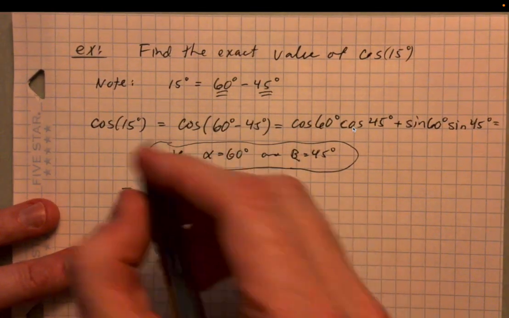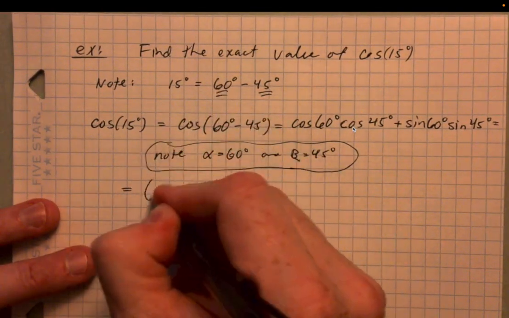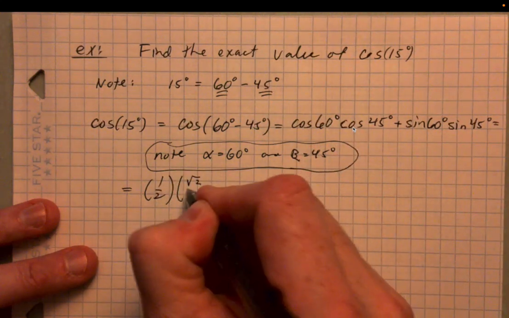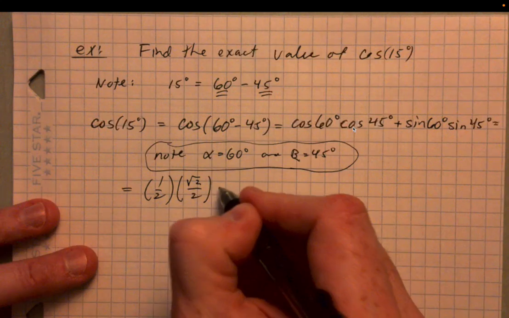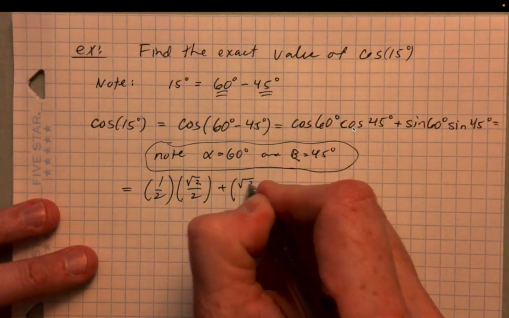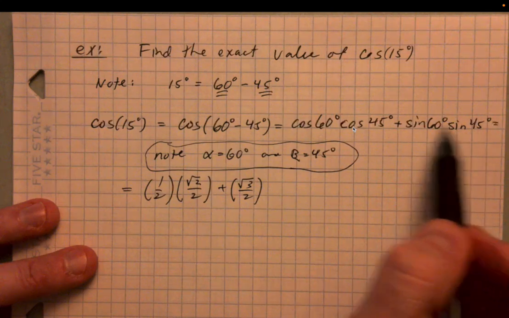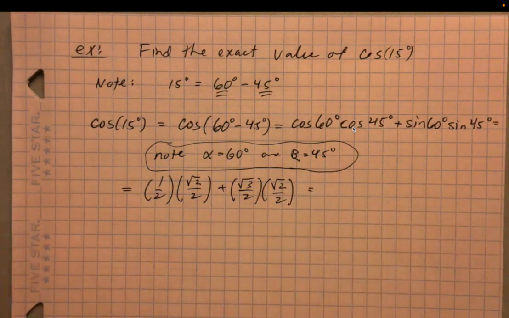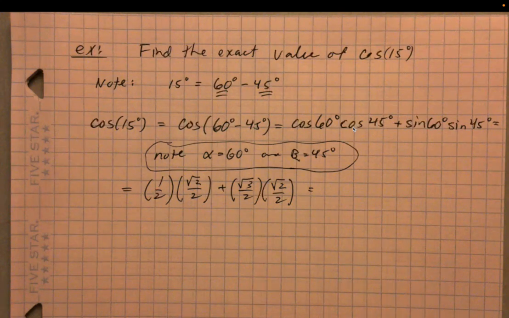So cosine of 60 is a half, cosine of 45 is square root of 2 over 2, and then plus sine of 60 is square root of 3 over 2, and sine of 45 is square root of 2 over 2. And so we get this nice simple product here.